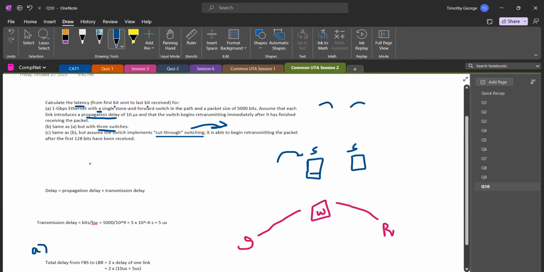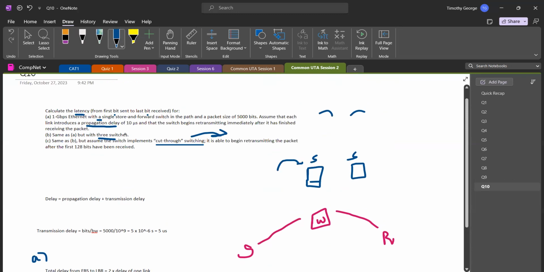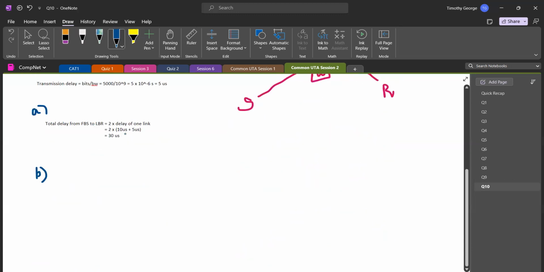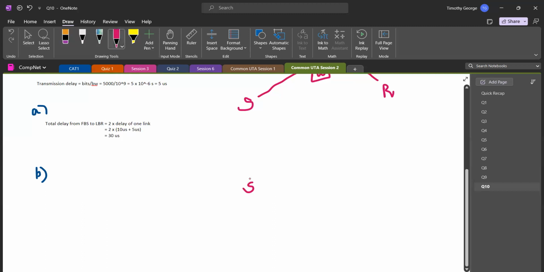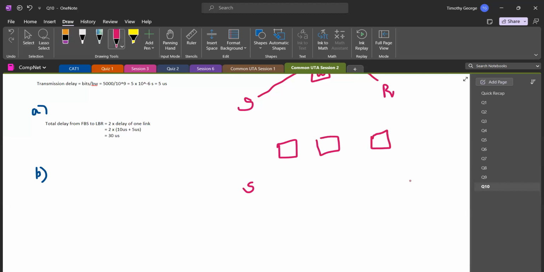In the B part, same as A but with 3 switches. So we need to draw one more diagram: sender, switch 1, switch 2, switch 3, and the receiver, with a link between each.